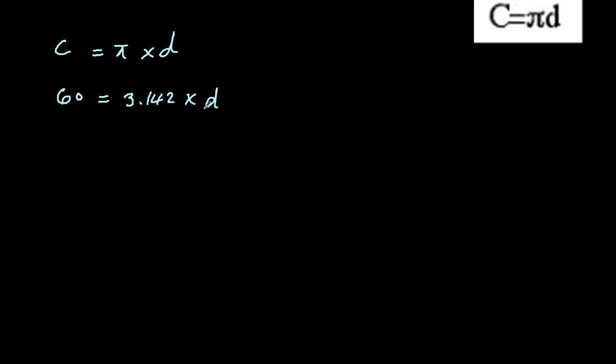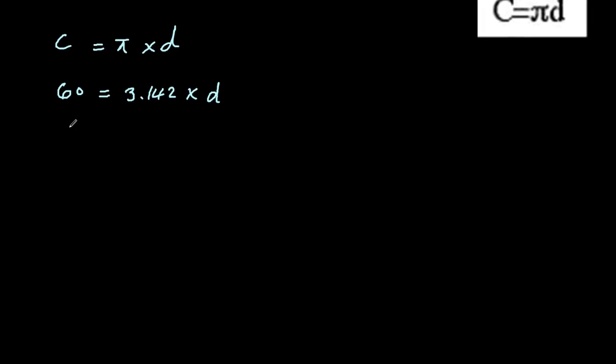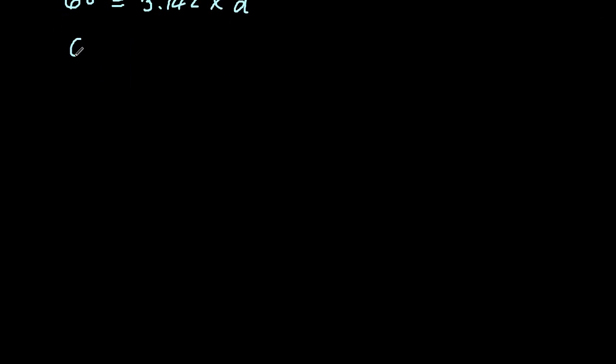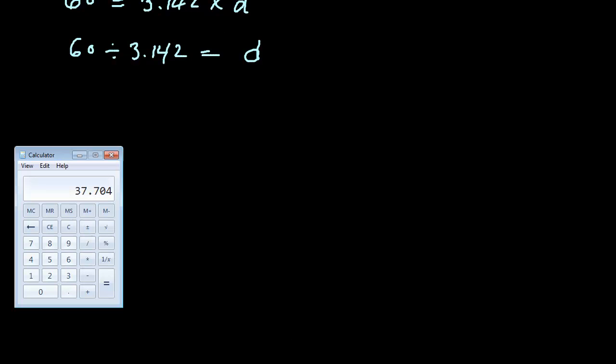To find the diameter, I need to divide both sides by 3.142. On that side the 3.142 cancels out and makes 1, and I'm left with D.